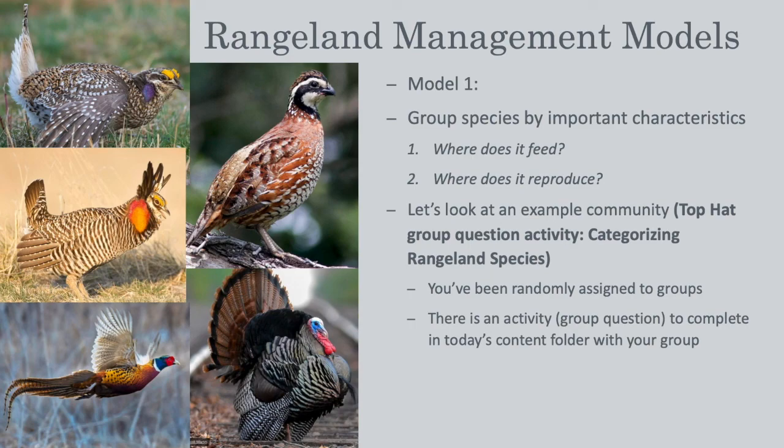There's an example to look at on there. So you're gonna ask, where does it feed and where does it reproduce, and put them in different categories. So those two questions go together. So each different type of feed/reproduce is going to go in a separate category. So you might have ground nester, ground feeder is a category, ground nester, water feeder is a category, and so on and so forth. So complete that activity on Top Hat.